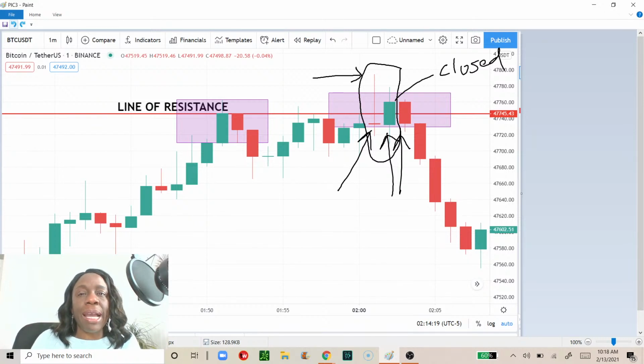So when we break above the line of resistance and we have at least 2 1-minute candlesticks closing above the line of resistance, this is my strategy, I will enter into the trade. I'm more sure that price will go up. Price can still reverse, because nobody can predict the future. So anything can happen, and price can always reverse. But with trading, it's a game of chances. You want to improve and increase your chances of winning rather than losing.